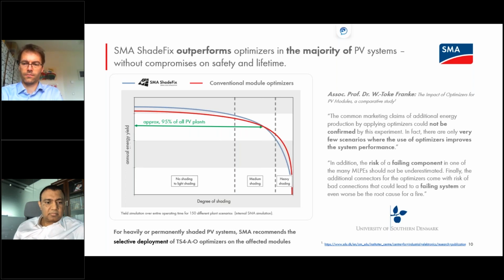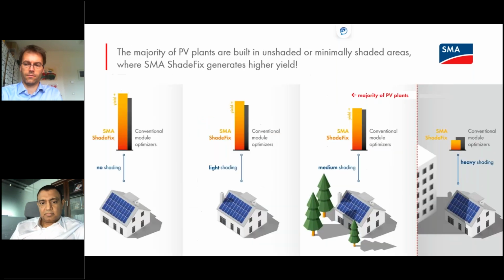You can see 95% of all PV plants will have a better outcome, a better yield even than with conventional module optimizers, together with fewer components that could get broken, with less cost at the end, so less risk, you could say. They made a differentiation between the different applications.